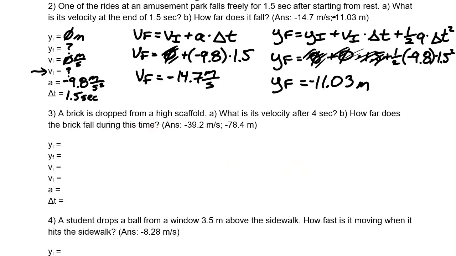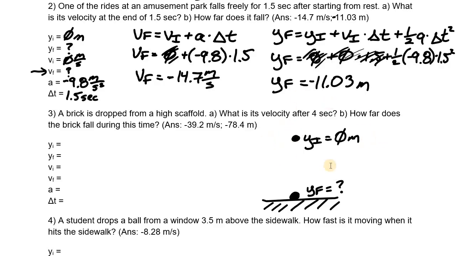Okay, so let's think about it like this. We're trying to find two things, of course. Are we given the initial height of the brick? No, right? So this is a good instance where we could just say that the initial height is 0 meters, and it's going to fall a certain amount, and our final height is going to be our question mark.